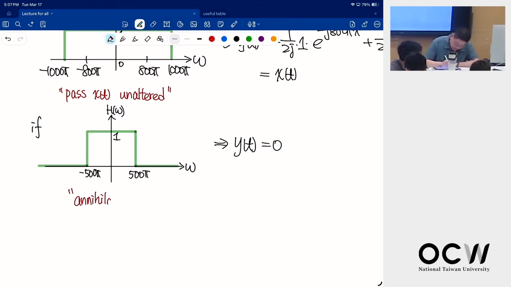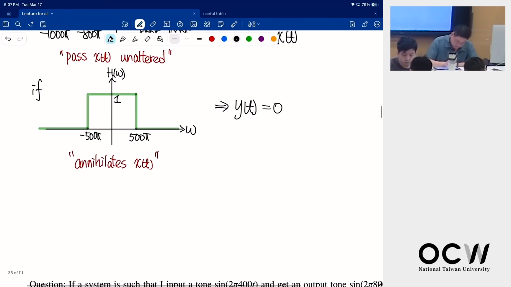Annihilate x. And how about this frequency response?